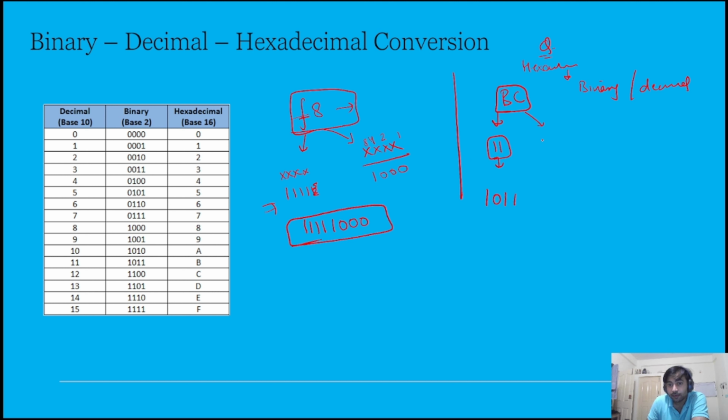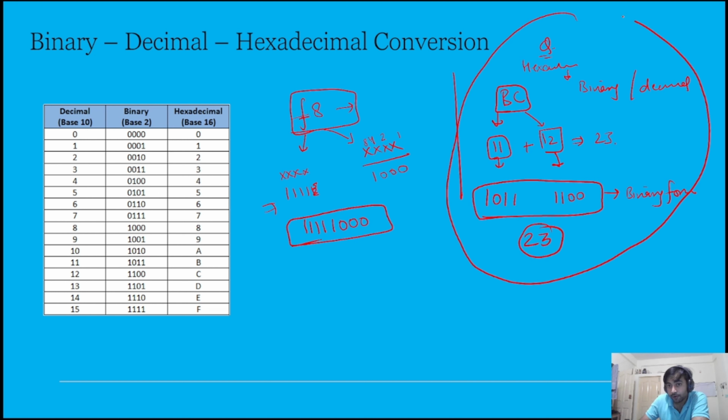And C can be written as 12, and 12 can be written as 8 plus 4: 1, 1, 0, 0. So the whole thing will be converted to binary form. And if I add this up, this will become 23. I hope this is clear. So yeah, that is what is needed to convert decimals.